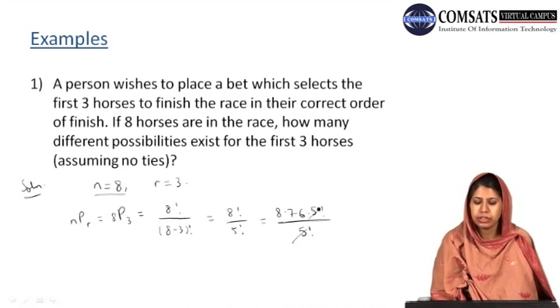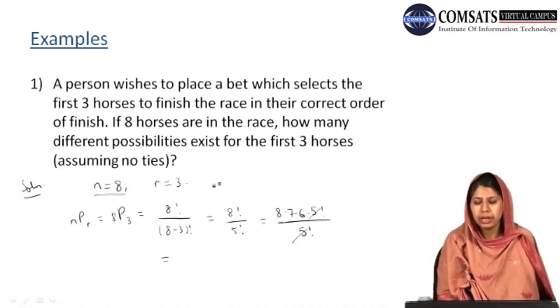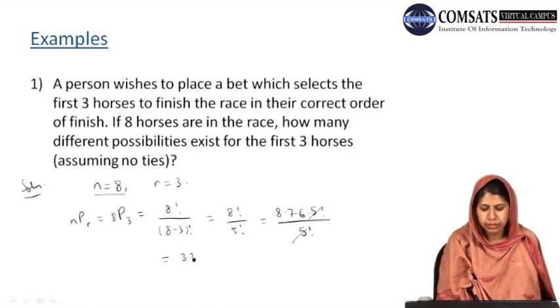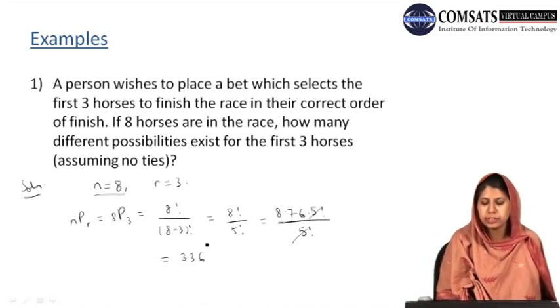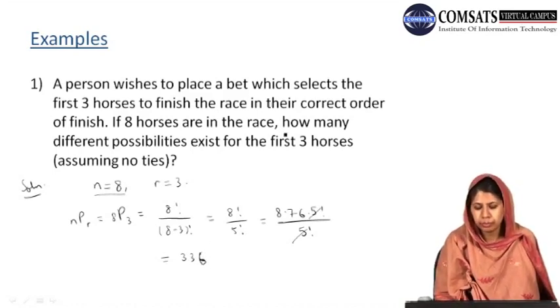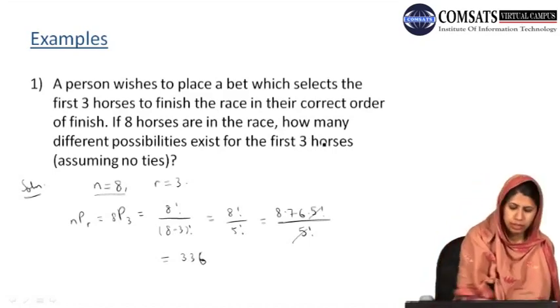So this 5 factorial cancels out, and we obtain 8 into 7 into 6, which is 336 possible outcomes for the first three horses winning the race.